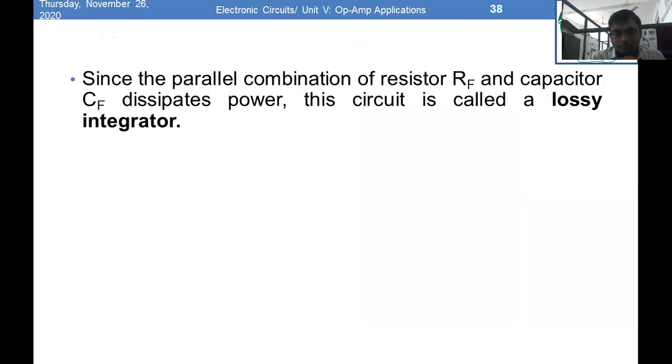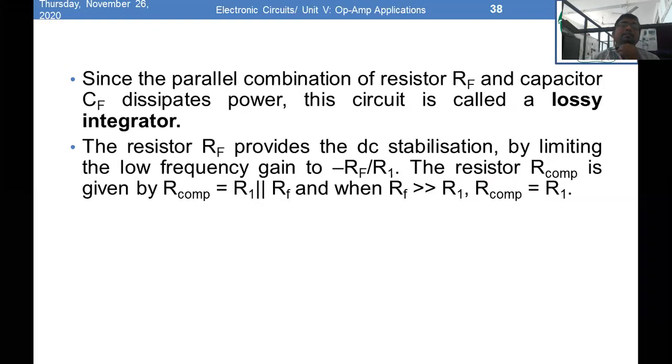Since the parallel combination of RF and capacitor CF dissipates power, this practical integrator is also referred to as a lossy integrator. Another name of this circuitry is lossy integrator, because power is dissipated with the addition of RF parallel to CF.